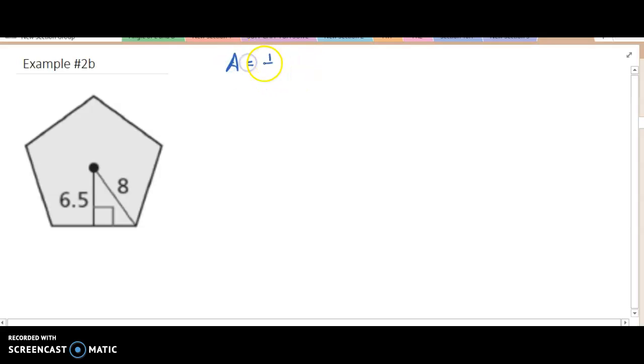Okay, area equals 1/2 times apothem times perimeter. Here, my apothem is given to me. My apothem is 6.5. Okay, now I just have to find my perimeter. So, in order to find my perimeter, I'm going to find this first. Okay, and if I look at this right triangle here, I can just do that by the Pythagorean theorem.